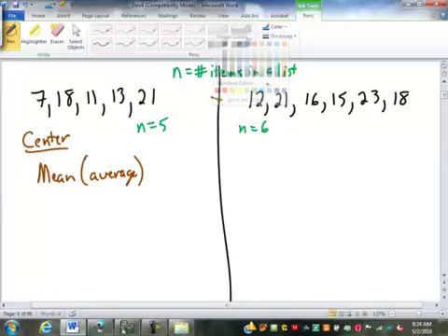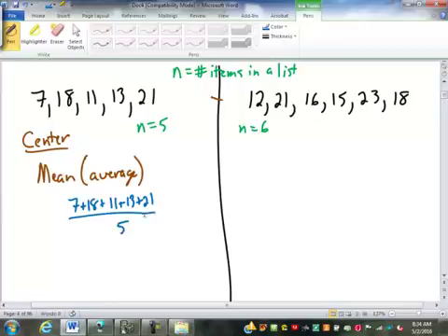The mean, the average, is found by adding the numbers up and dividing by how many are there. So over here, we're going to do 7 plus 18 plus 11 plus 13 plus 21, divided by 5, divided by N. So that's what, 25, 36, 49, 70 over 5 is 14 is the mean. Does that look right? Okay.